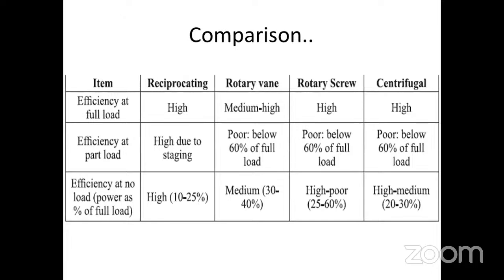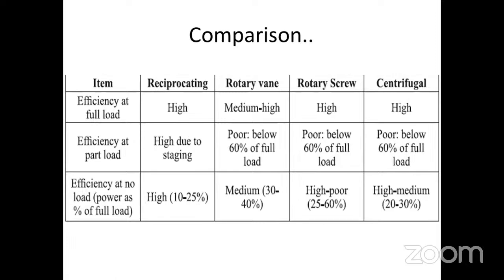This one is a very important table, sir. Please pay attention. Efficiency at full load is high for all, reciprocating compressor, rotary vane, everything is high for full load. It is understood. There is no confusion. Whereas for efficiency at part load, the reciprocating compressor has got good efficiency.